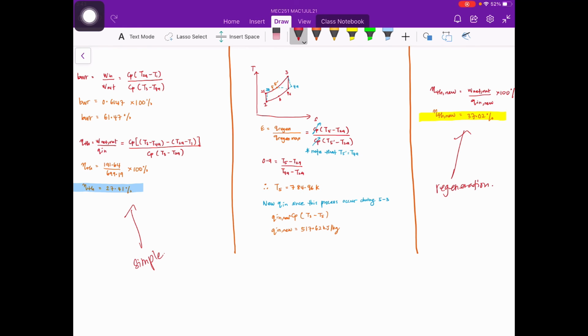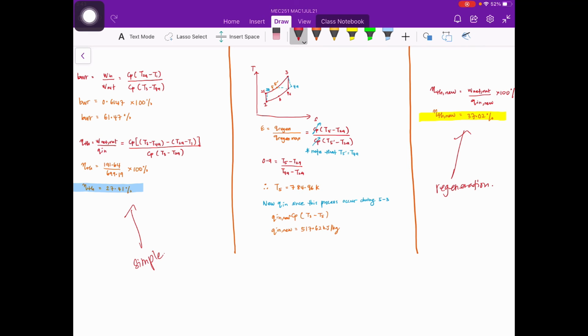From this question, you are required to compare these two values of the thermal efficiency for different Brayton cycle approaches, and you need to make a statement.